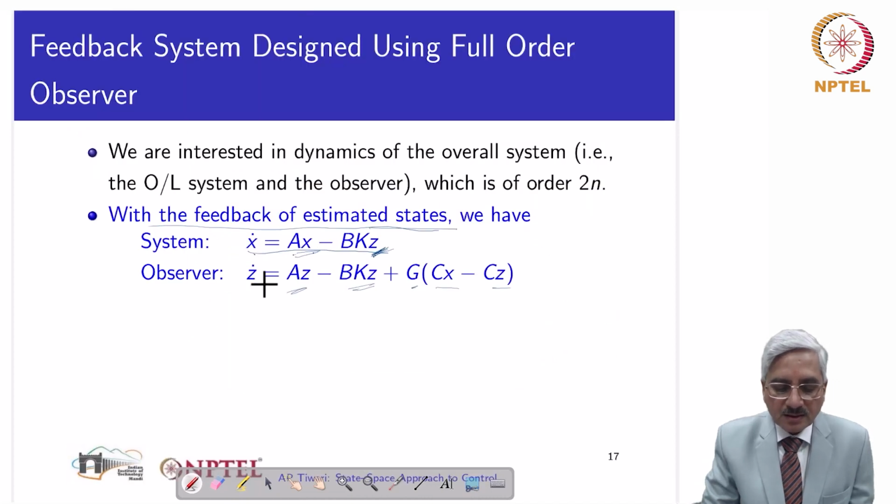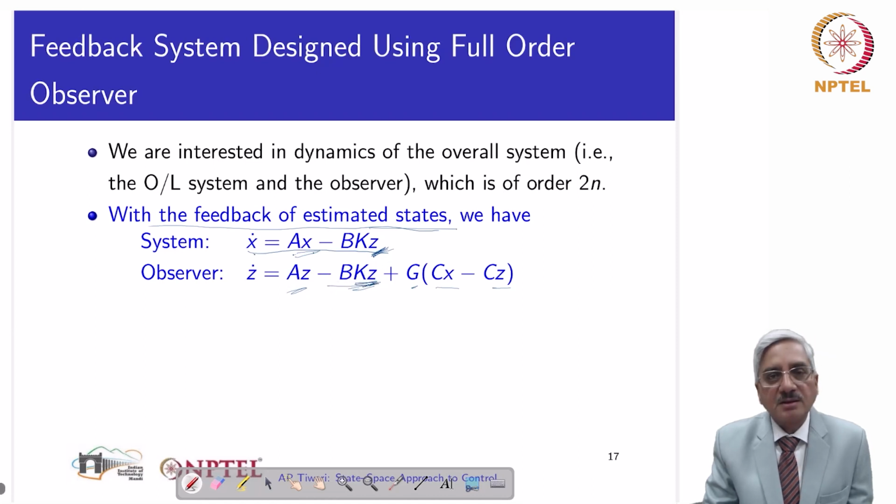So we get z dot is Az plus Bu; u is minus Kz, so that Bu becomes minus BKz, and this is y minus Cz, y is Cx, so G(Cx minus Cz). This is the observer.